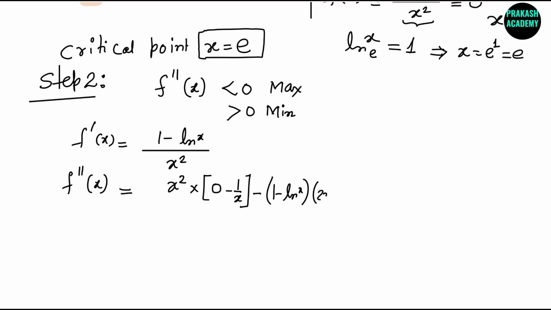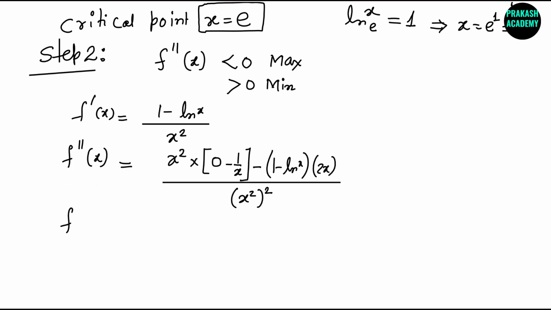So x square differentiation is 2x divided by the square of the denominator, that is x to the power 4. So now we will have f double dash x is equal to, so this will be x, minus 1 minus ln x multiplied by 2x. So this will become 2x plus 2x times ln x divided by x to the power 4.